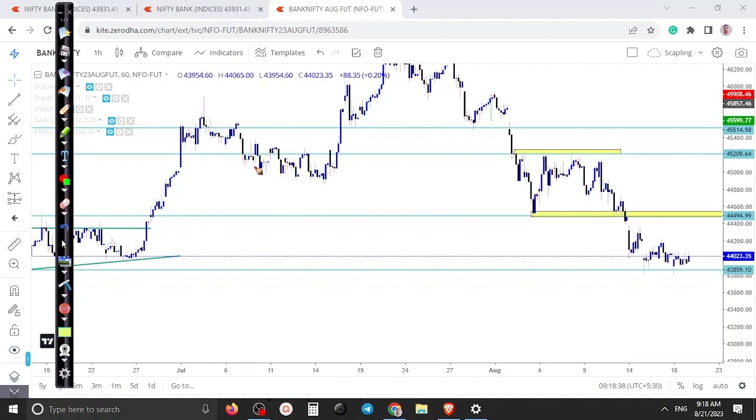In this area the price was running, and somewhere here was support. But now see, when the price is running on the downside, very clearly it is running on the downside. Later here you can see it merely forming a lower low, lower low, lower low, and after that, boom.